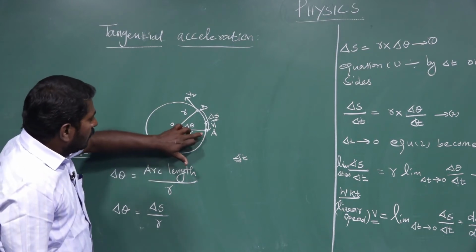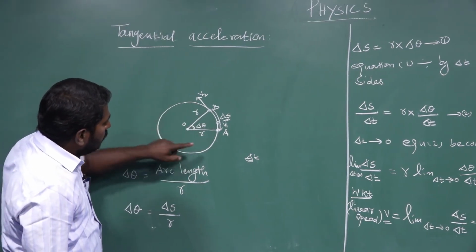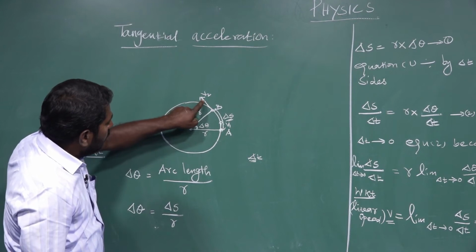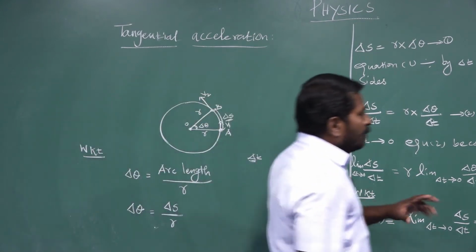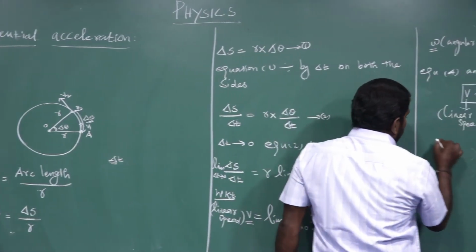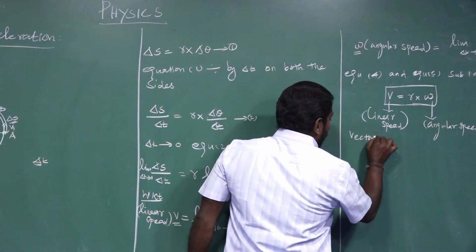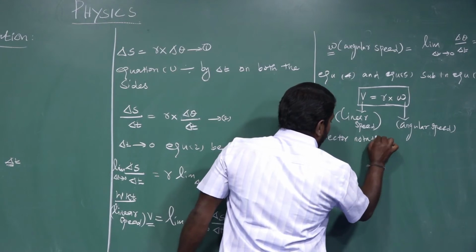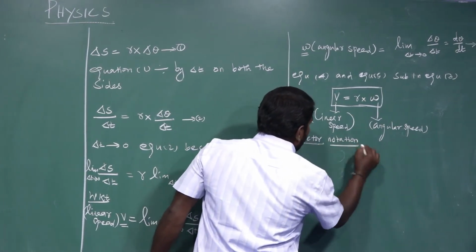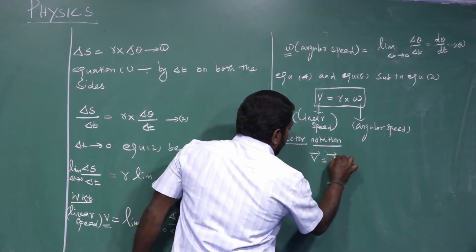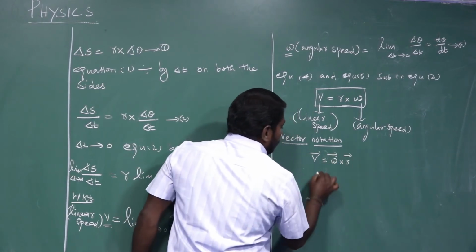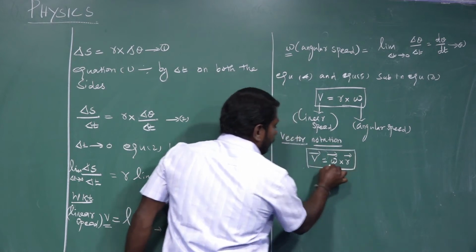So at every point on the circular path, the velocity of the particle continuously changes. So therefore, it can be written in vector notation v vector is equal to omega vector cross r vector.